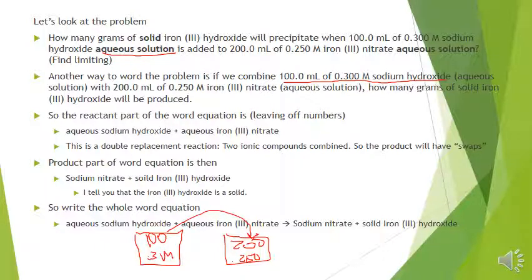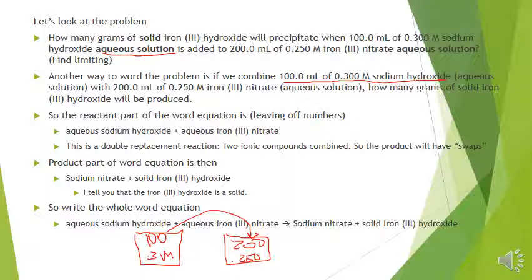What I'm going to do is mix them together, and these two chemicals will come together and form a precipitate, and that precipitate is solid iron hydroxide. Okay, so we're going to write the chemical equation.